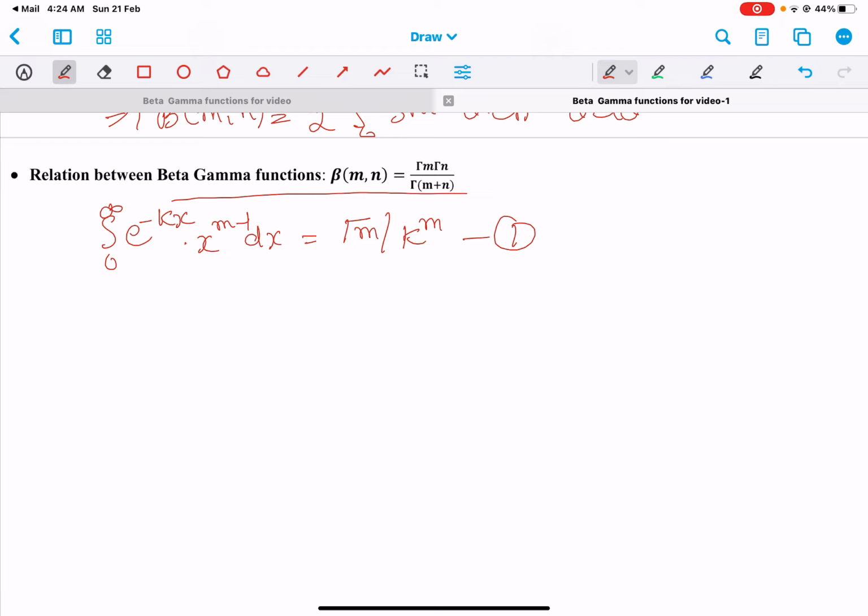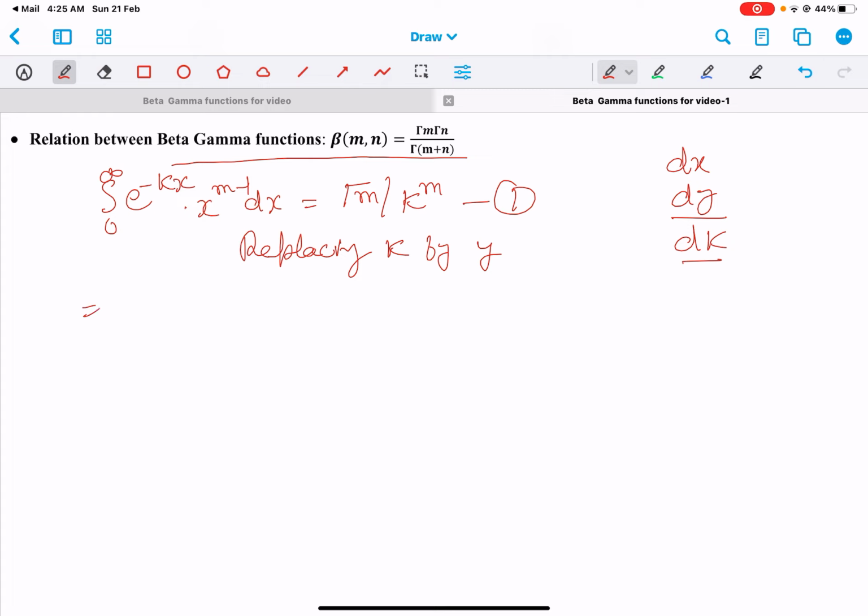I am replacing k by y here. Why? Just because we are used to writing dx, dy type of terms, but dk is not very common, so I will be preferring to have dy instead of dk.